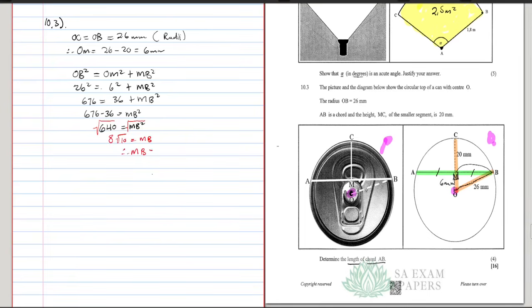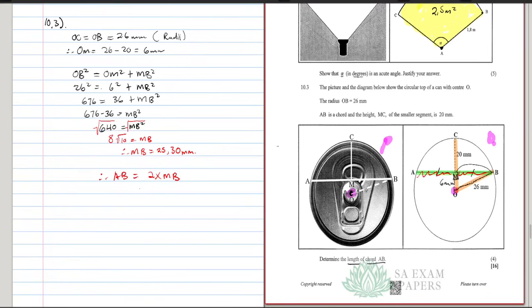Therefore MB rounded off to 2 decimal places is 25.30 millimeters. Therefore AB should be equal to 2 multiplied by MB, because this is equal to that.